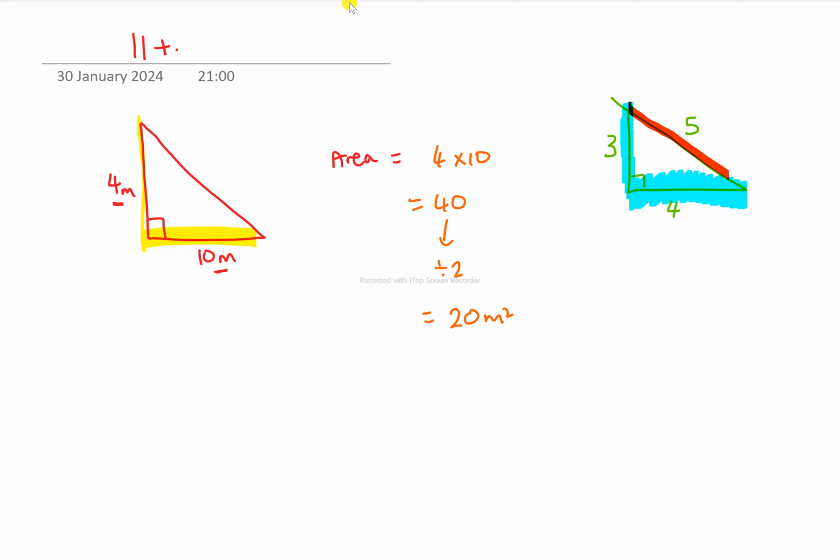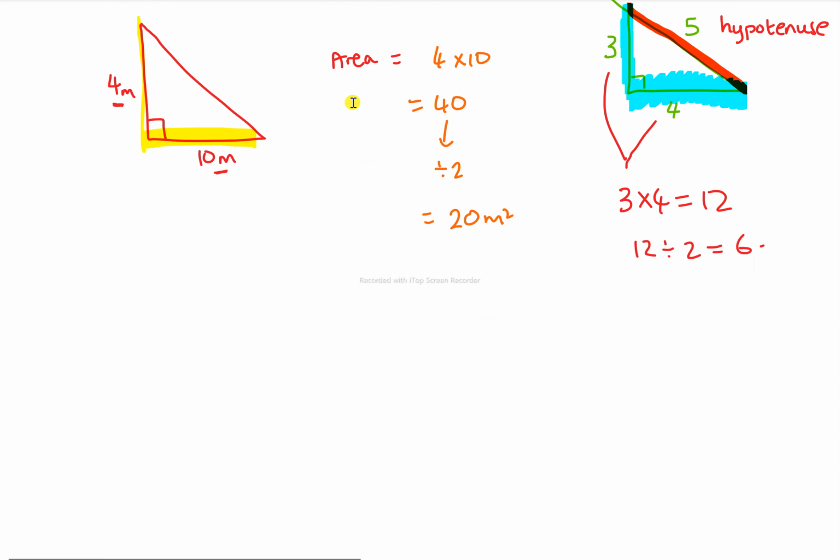You notice this slope here, the longest side, you do not use. Just for completeness' sake, it's called the hypotenuse. You do not use that. So what I will do, I'll quickly take these two numbers. 3 times 4 is 12, and then I'll say 12 divided by 2 is 6.